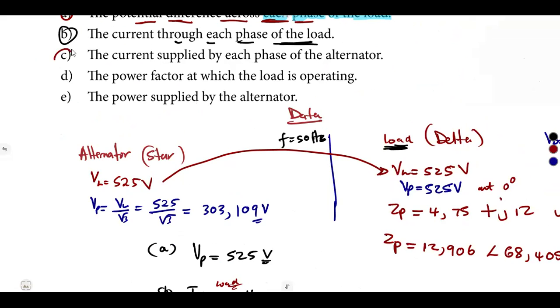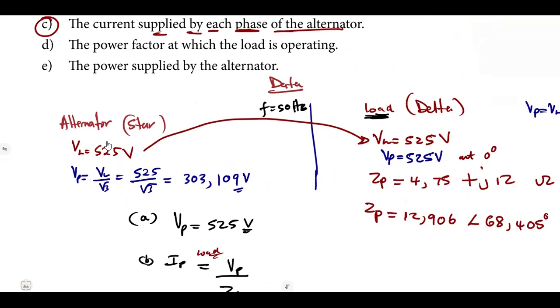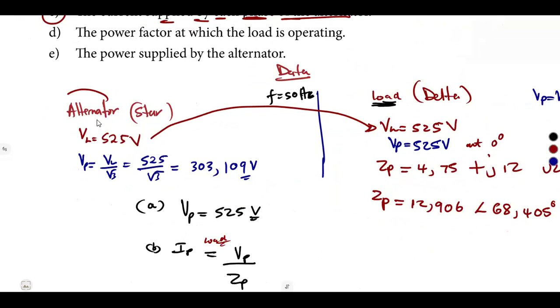All right. Then C, the current supplied by each phase of the alternator. We need the phase value, but from where? Alternator. All right. Sorry, guys. From here, from the alternator. So how can we determine this?